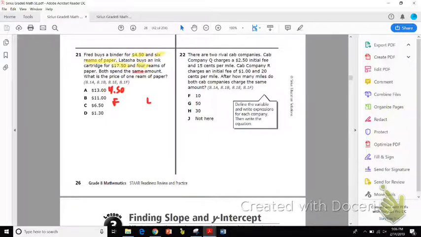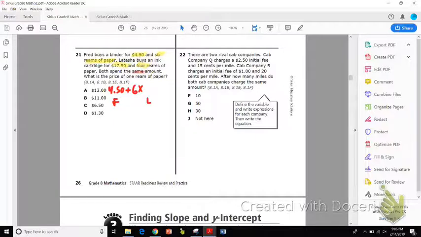No, Fred also bought 6 reams of paper. So when you go to the store and you buy 6 reams of paper, are they going to subtract it from you? Are they going to divide it, multiply it? No, they're going to add it to your total. So plus the $4.50 that he spent on a binder, plus the 6 reams of paper at X amount of dollars each. And that's Fred.